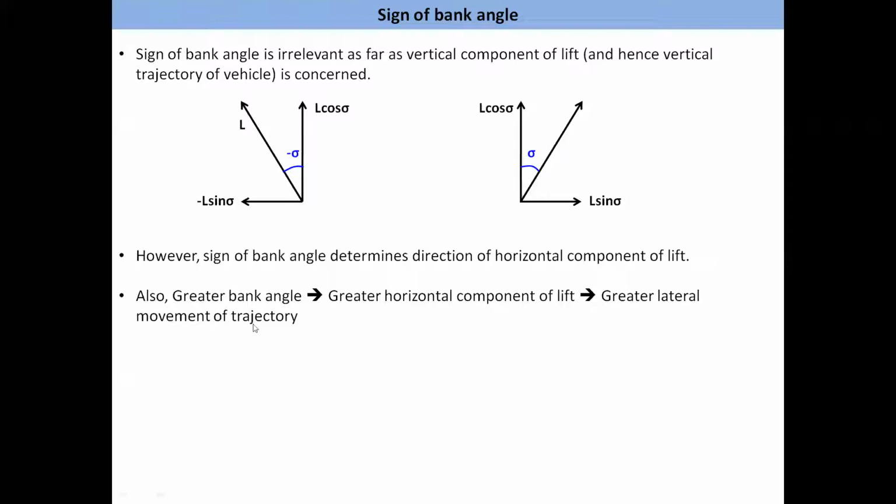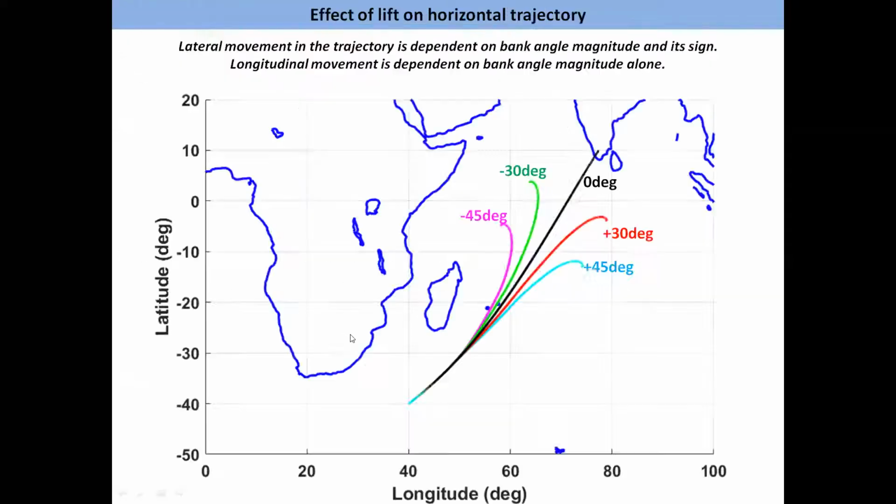As an example, what I'm showing here are trajectories of a particular high LBD entry vehicle at various bank angles. So you can see what the intuition suggests. With the higher bank angle, you have a greater lateral motion, and depending on the side, the lateral motion will be towards the left or right of the incoming zero bank trajectory.